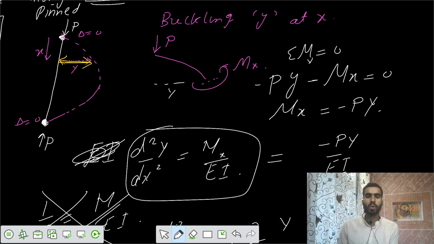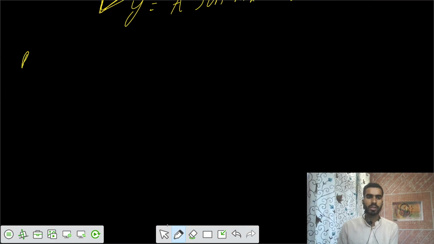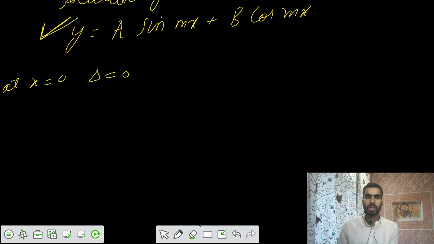Now if I apply boundary conditions that at x equals 0, the delta is 0, and at x equals length L, your delta is also 0. So at x equals 0, y equals 0, so 0 equals A into 0 plus B into 1.